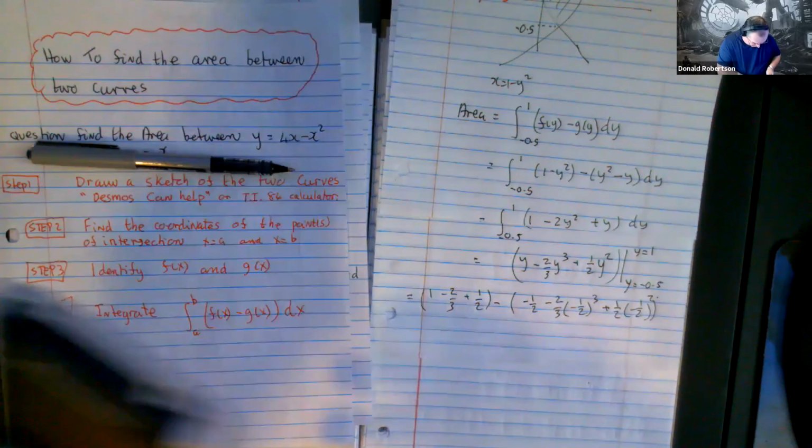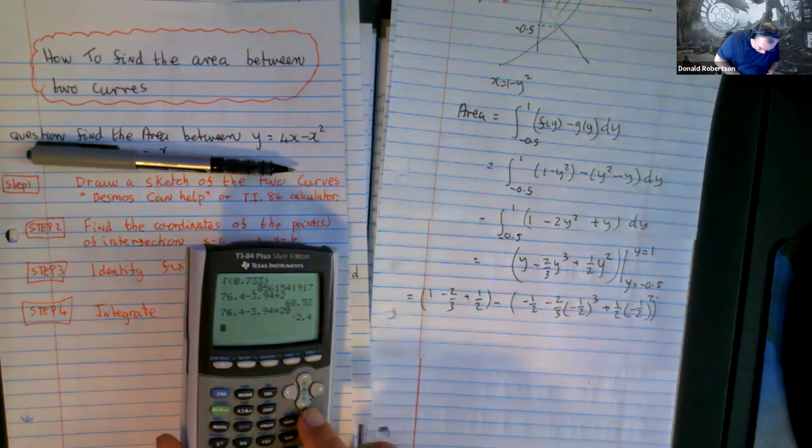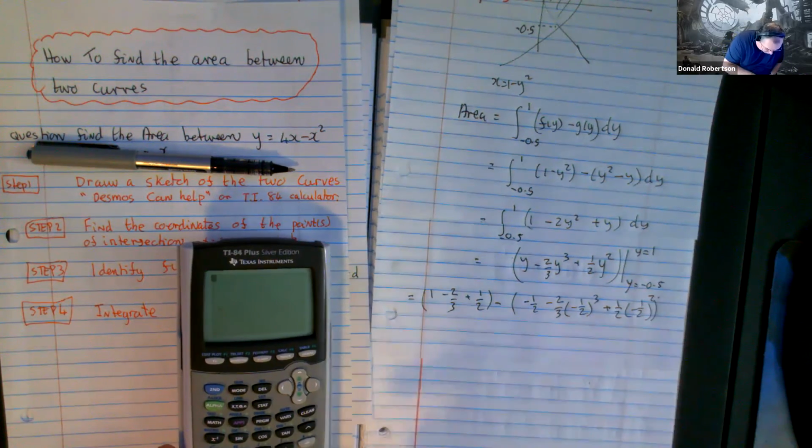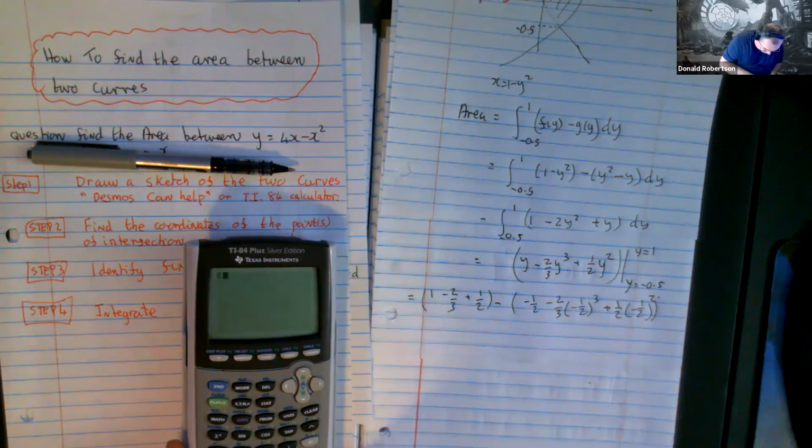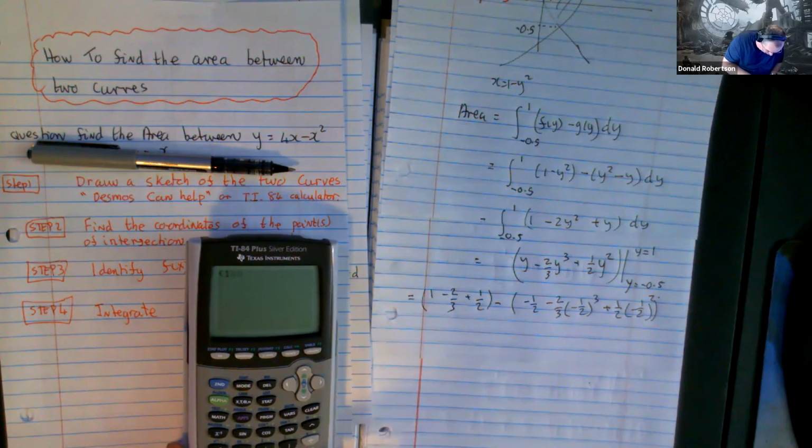Okay, time for calculators. I might as well just put the brackets in as well. Let the calculator figure it all out. So it's 1 take away 2/3, add a half, close the brackets. Subtract, start another bracket.